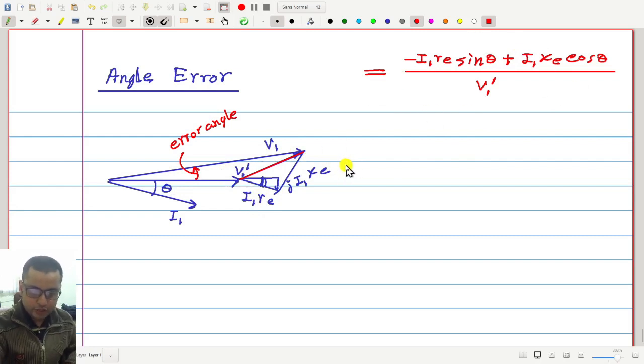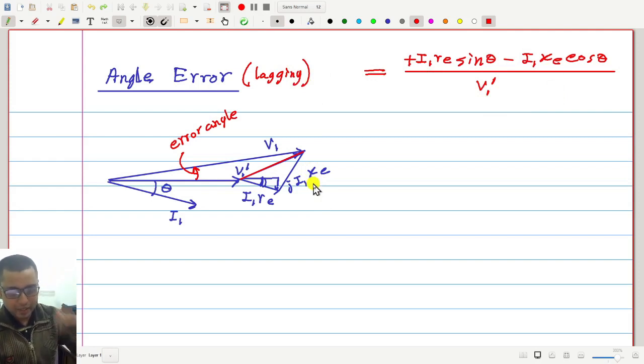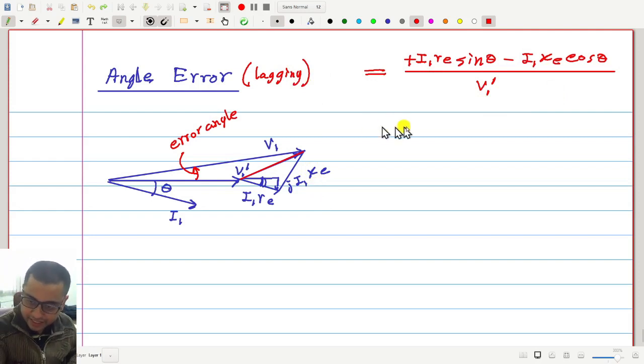And if you want to measure the angle by which the true value lags the measured value, then you have to calculate the perpendicular component in the opposite direction. Then this will be minus, this will be plus, and that will be in the lagging direction. If this quantity comes out to be positive, the true value will be lagging the measured value.